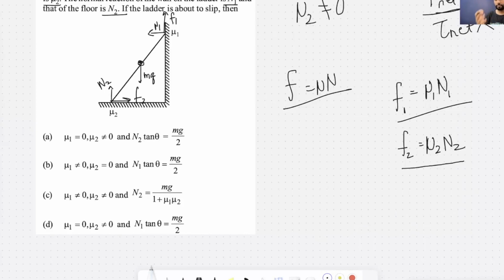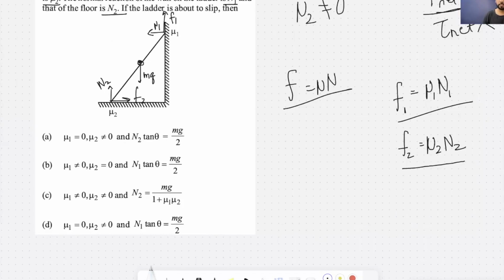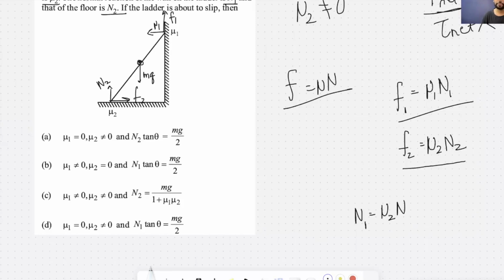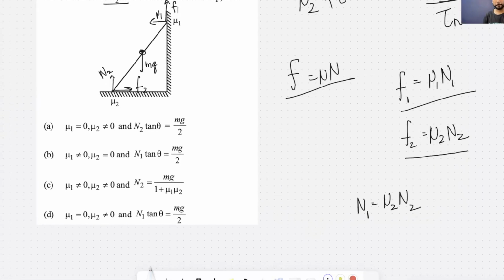Let's look into left and right. So you see here, can you see N1 is going towards my, what hand is this? Left. N1 is going to my left, right? So N1, and what is the force which is going to the right? If you see the diagram, it's only F2, and that is mu2 into N2. Left right balance is done.